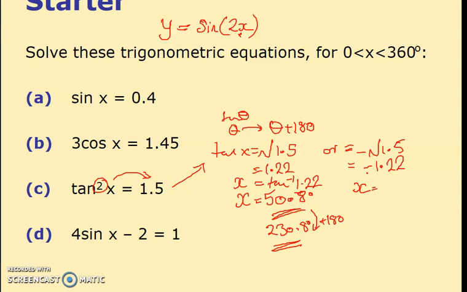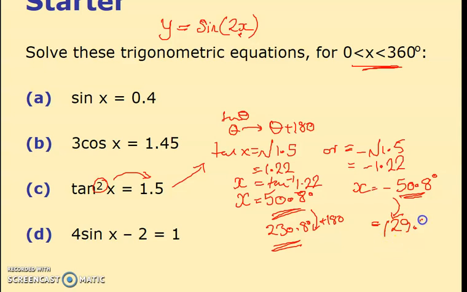I now get minus, and this is important, minus 50.8, assuming I've done it correctly. On the face of it, who cares, because it's not in the interval. But remember, you can always add on 180, a little bit like we did here, to get our next solution. So if I add 180 on, I get 129. So this is an extra solution.